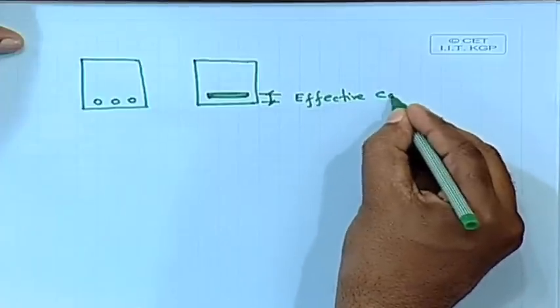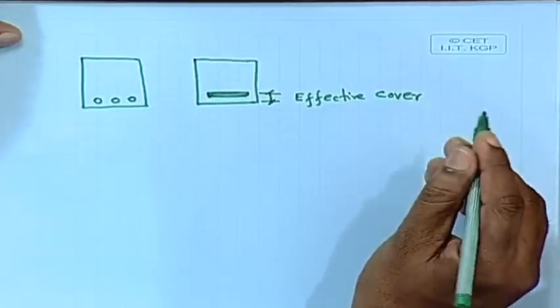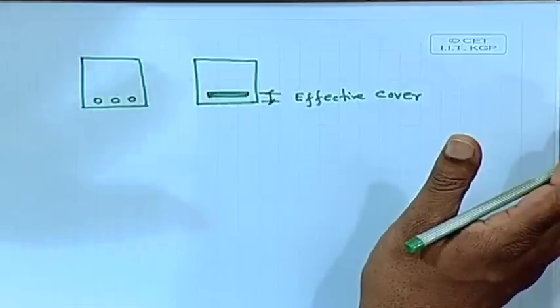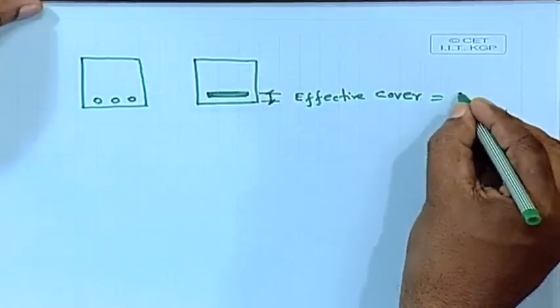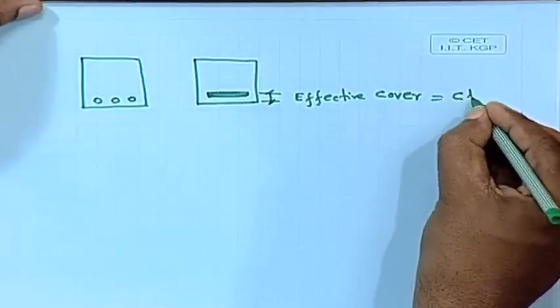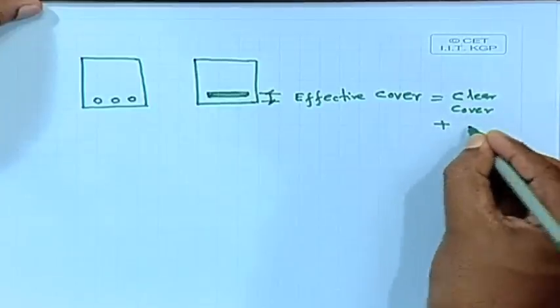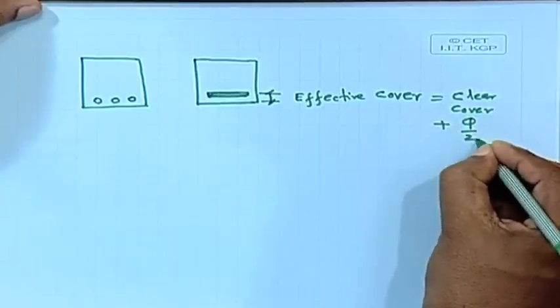So, effective cover: when you are going to design the beam, you do not know which bar you are going to provide, but you are calculating the area of steel. But at the time of calculating the area of steel or effective depth, you need effective cover, and effective cover is nothing but clear cover plus phi by 2, the diameter of the bar.